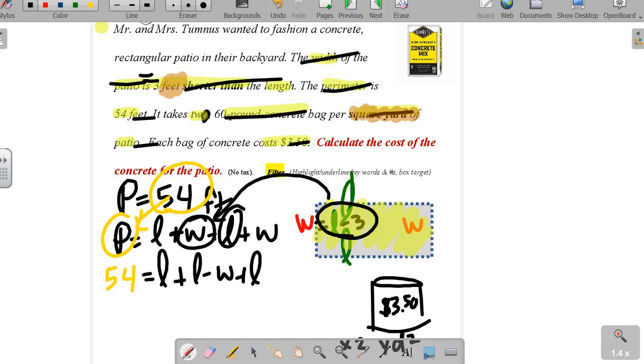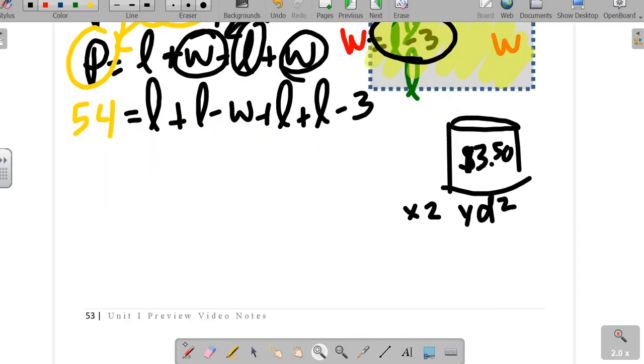Length minus 3. Now it's a basic algebra problem. Collect like terms. That should be 3.